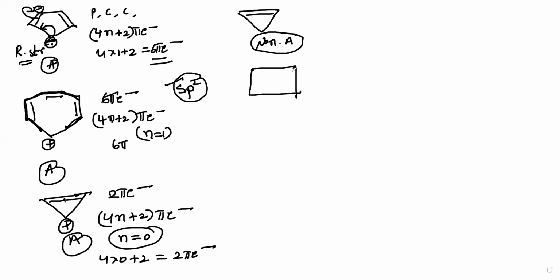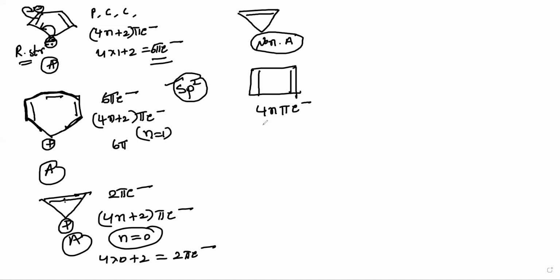Suppose we take this molecule. In this one, two pi bonds are present. Both are in conjugation. All are sp2, that's why it is a planar molecule. Both are in conjugation, with sp2 hybridization. Suppose the 4n pi electrons rule is followed.